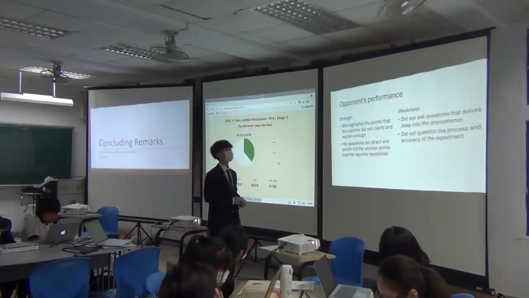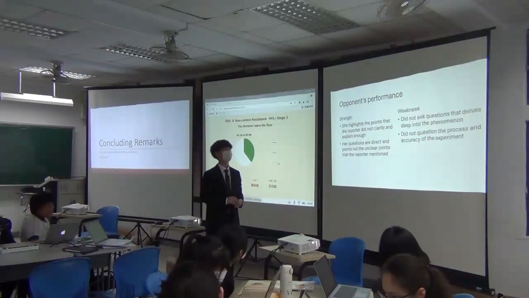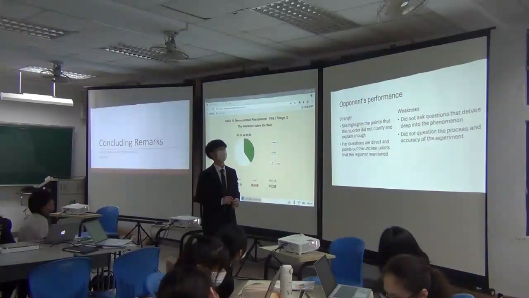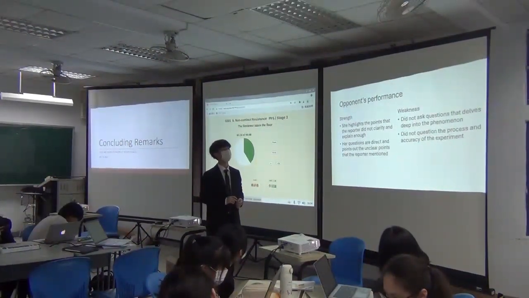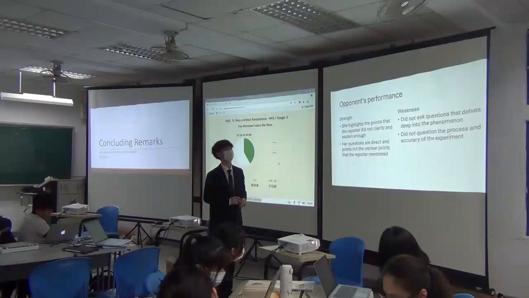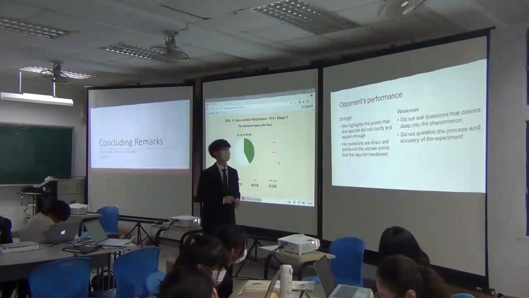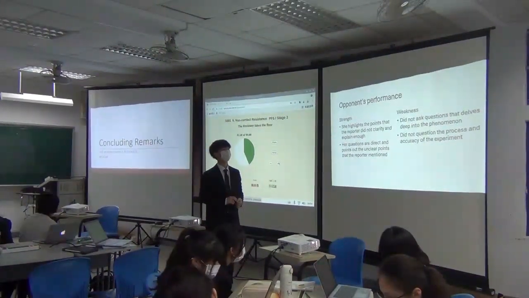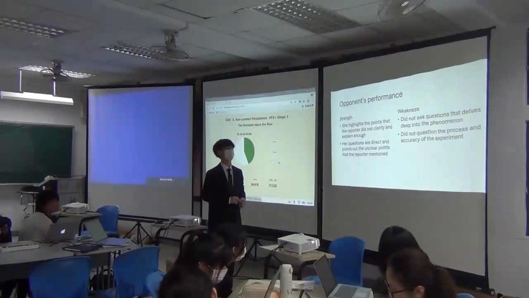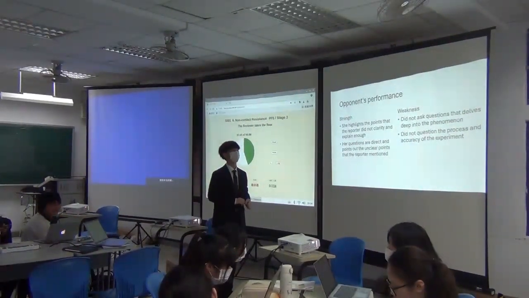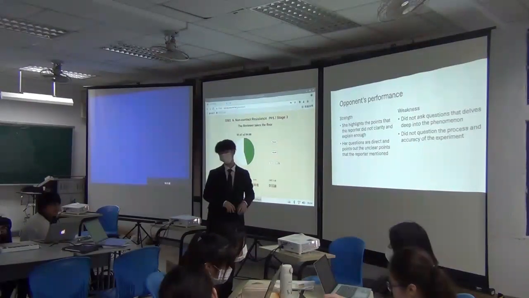The weakness of the opponent is that they did not ask questions that delve deep into the phenomenon, and did not question the process and accuracy of the experiments.